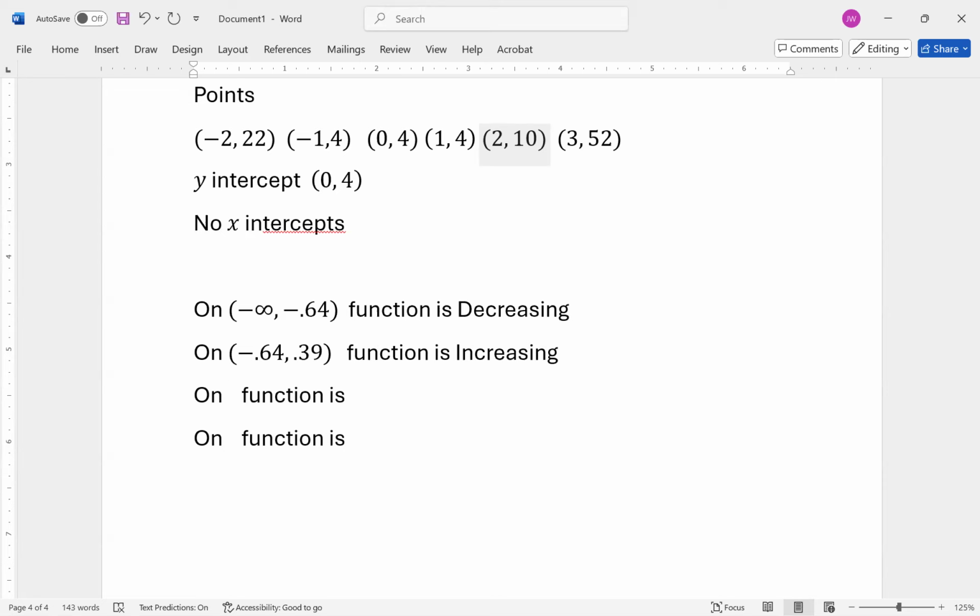From 0.39 up to 1, the function was decreasing again. And on the interval from 1 to infinity, the function is increasing.